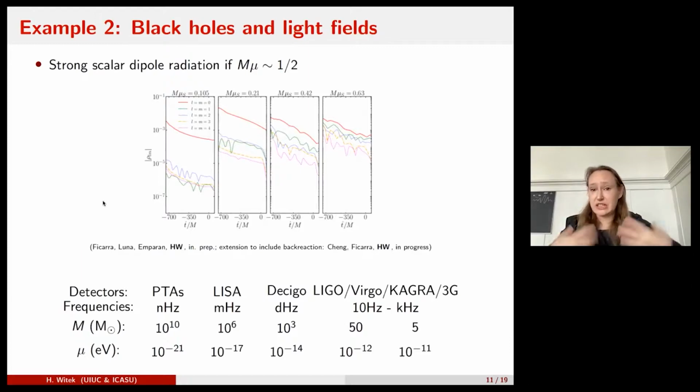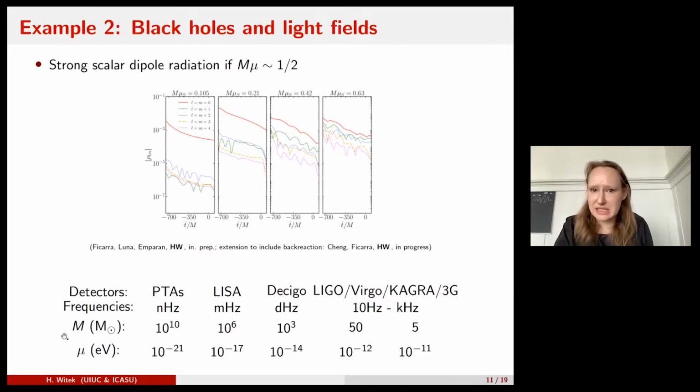Yeah, good. And this is exciting because now we have a way to use black holes and gravitational observations in the future, at least, to probe for ultralight particles with current and future detectors. So if I give you just a rough estimate here from using this estimate up here, that the ratio is roughly 1/2, then I can take my black hole mass ranging from 10 billion solar masses, where we probe with pulsar timing arrays, all the way down to LISA with 1 million solar masses, down to just a few tens of solar masses that we probe with ground-based detectors.